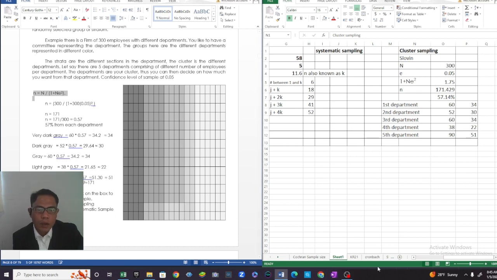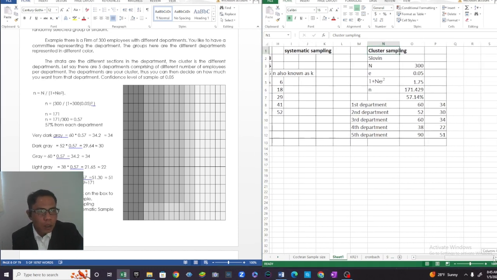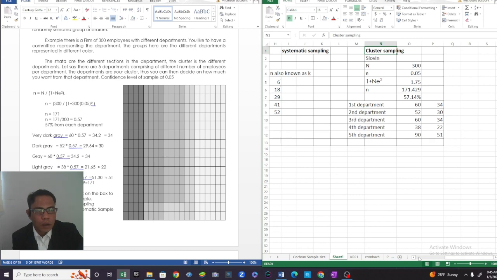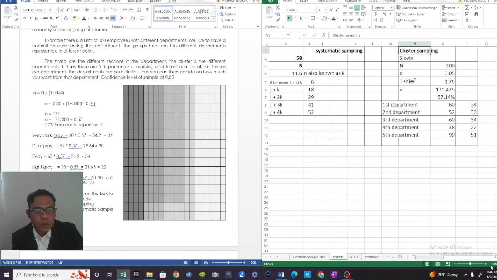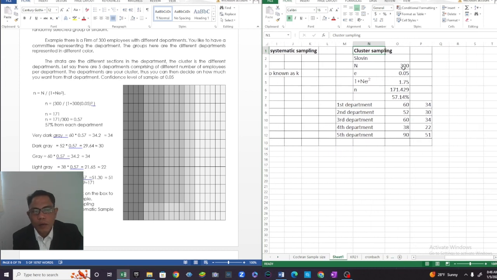So we can calculate our sample size using Slovin. So we have N, which is 300, our e at 0.05. So this one is our denominator, 1 plus N e squared.